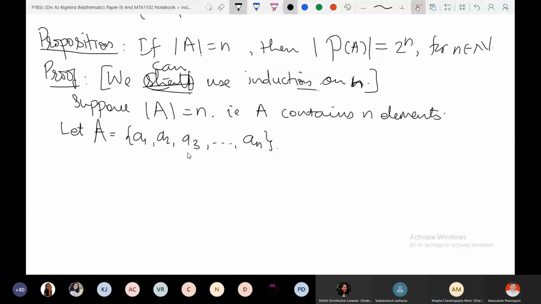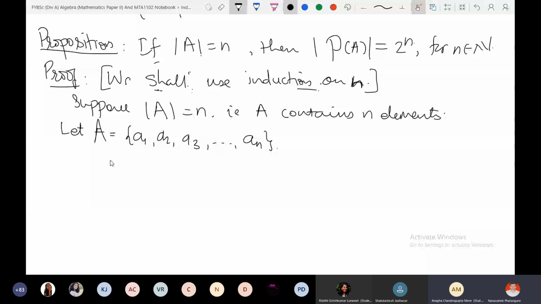Okay, let us use induction and prove it directly, then we'll see another method later on.